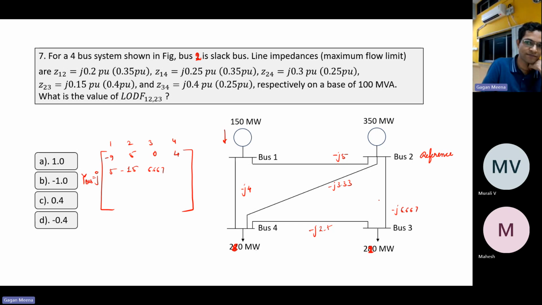And what is this? 3.33, correct. Between 2 and 4, 3.33. And this one is 0. No, sorry, 2 3. 3 1 is 0. 3 2 is 2 3, 6.667. 3 3 is diagonal, which is 8 point.